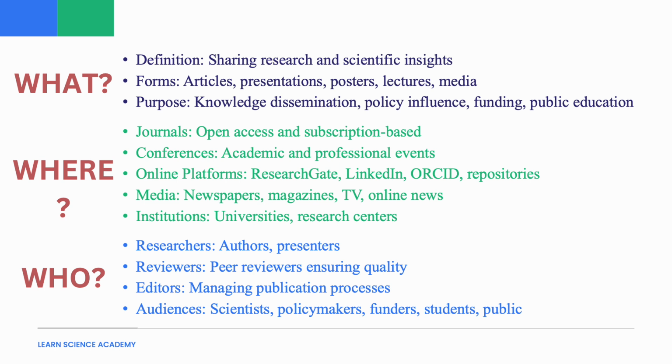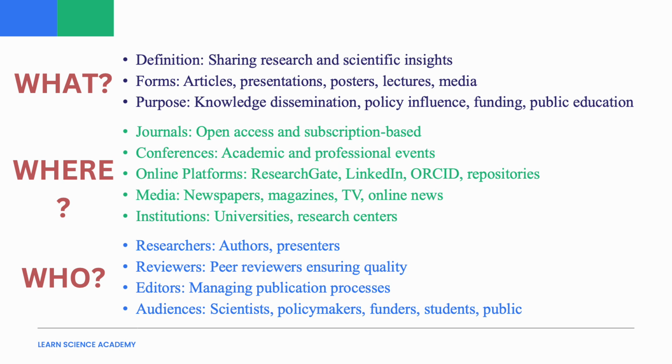Coming to the second question, where? This communication occurs across diverse platforms. It could be journals, both open access and subscription based, where research findings are rigorously peer reviewed and published. Next could be conferences.